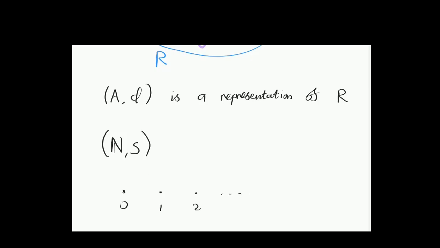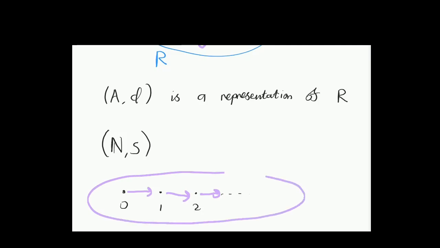And then the update function S is just the successor function. So the successor of 0 is 1, the successor of 1 is 2, and so on. And I'll call this the natural numbers dynamical system.